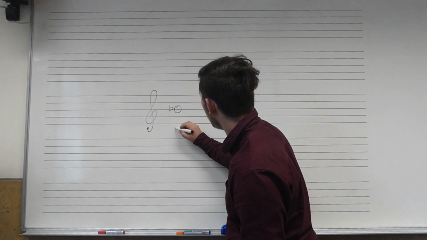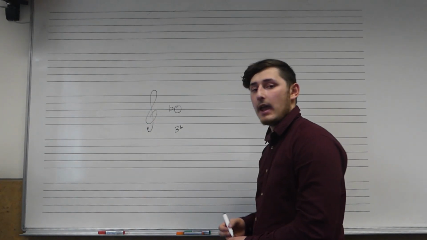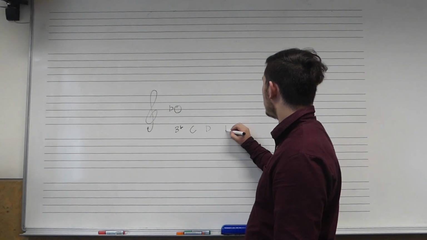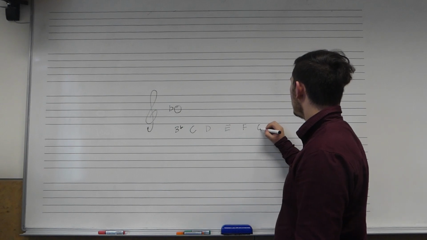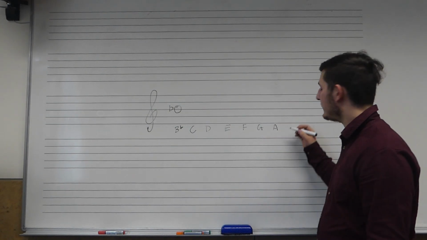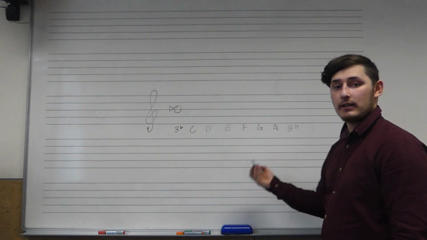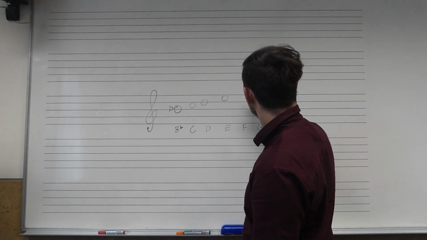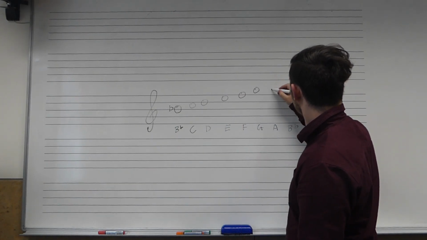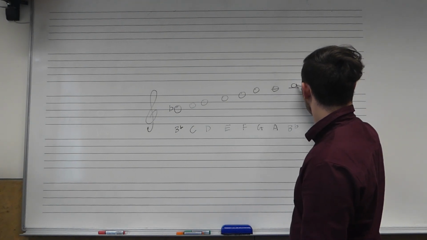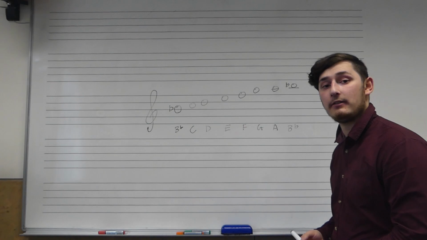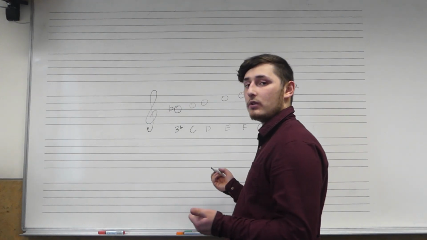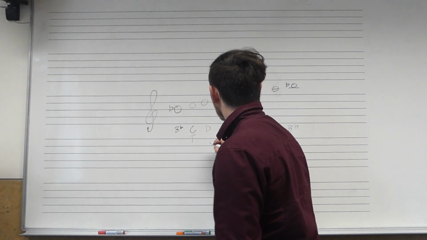So, here we have B flat. Our next note is going to be a C of some description, then we'll have a D, an E, an F, a G, an A, and finally back to a B flat. Now I'm going to write out the scale as notation, this being our B flat.